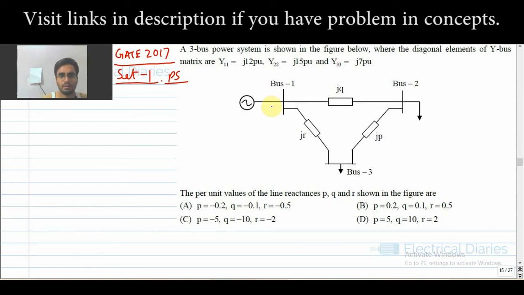See, this is a power system diagram in which we are given JQ, JR, JP. In the admittance matrices we use admittances, but here they have given us these reactances.